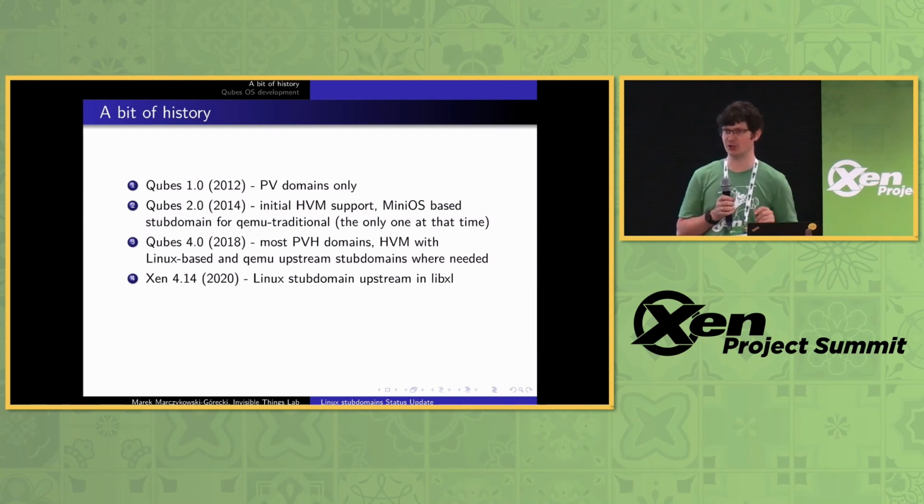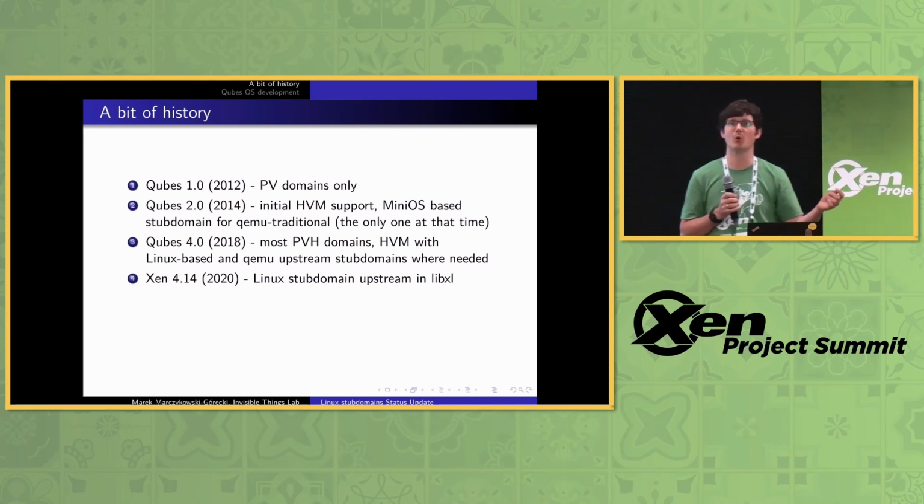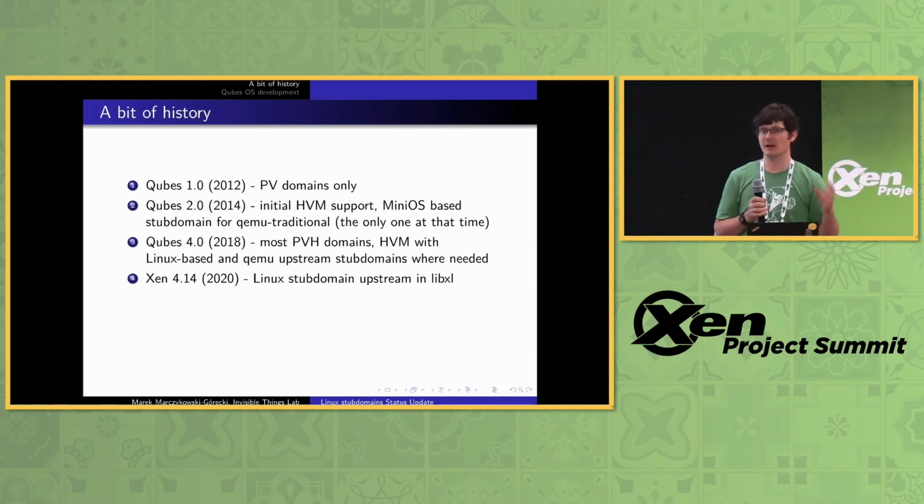At that point there was a Qubes version of that in a Qubes repository. It works with mostly vanilla Xen, but it needs a bunch of auxiliary services that are Qubes specific. There is also the OpenXT implementation of Linux stubdomain, which was not fully compatible with this libxl implementation at the time, but it was similar.